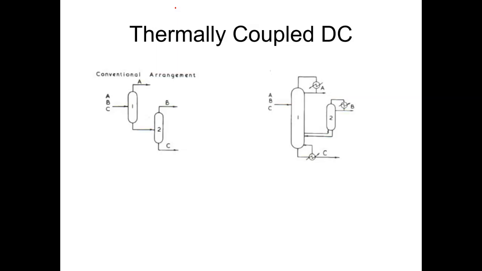So both energy and mass will be exchanged, so mass transfer will also take place, and because of that, the B rich solution will go to column 2, where the B will be vaporized and go towards the distillate, and the C rich solution will come back to column 1, where it will be condensed and concentrated, and go towards the bottom of the column, and come out as product C. So what we are saving is energy, and we will also have the design modification, and we'll have a separation of ABC.